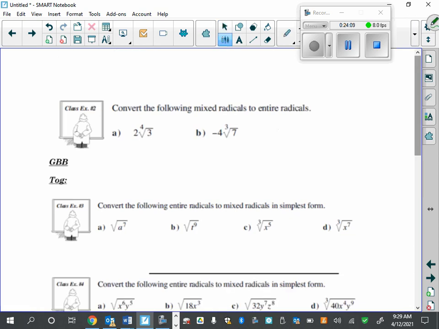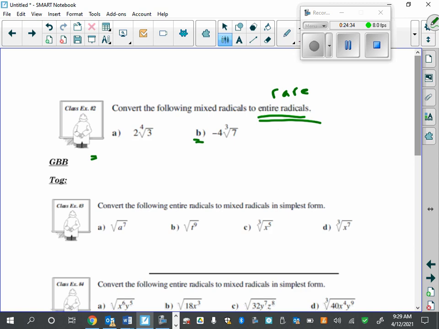First thing you have to know is you have to have everything under the radical sign. So if there's something not under the radical sign, you have to turn that into a radical. Okay, I'm going to do the hard one for you. You can do a similar one in B.